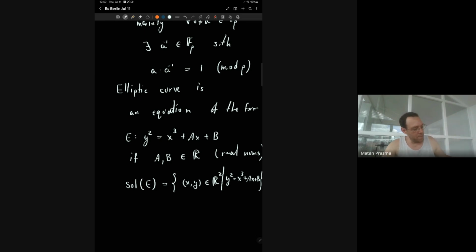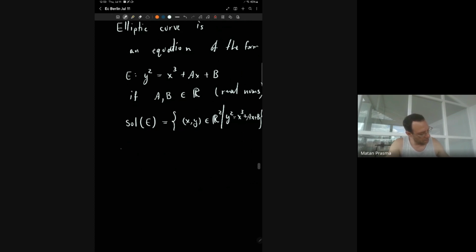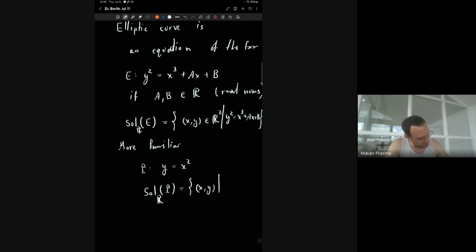If you want, maybe a more elementary example, I can take, let's call it P, the equation y equals x squared. And I can take the solution set of P over the real numbers. This is the set of all pairs x comma y, such that y is equal to x squared.